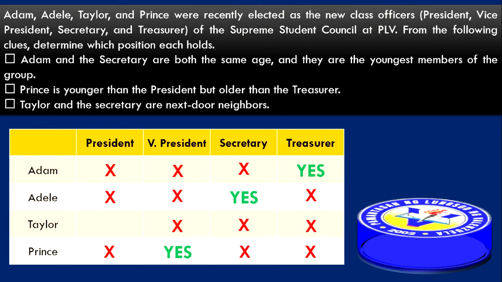So here we have the president as Taylor, the vice president is Prince, the secretary is Adele, and the treasurer is Adam. As you can see, you need to recognize the relationship between the statements, and it also deals with their ages, to recognize their respective positions.